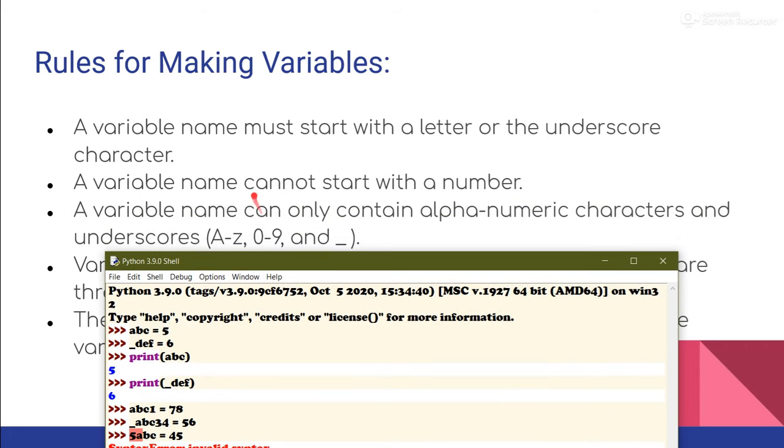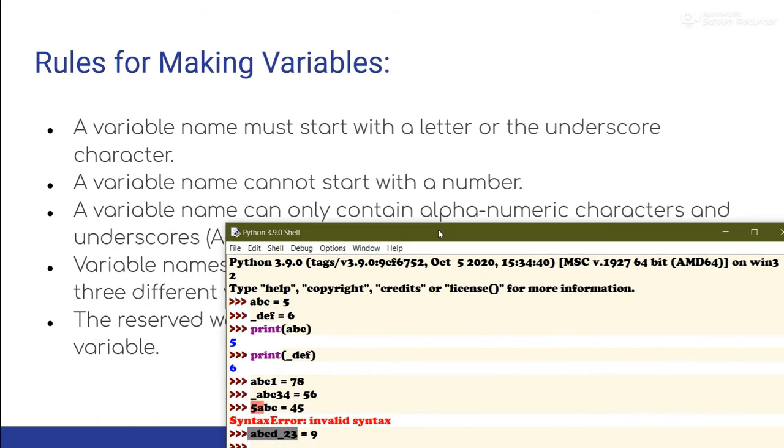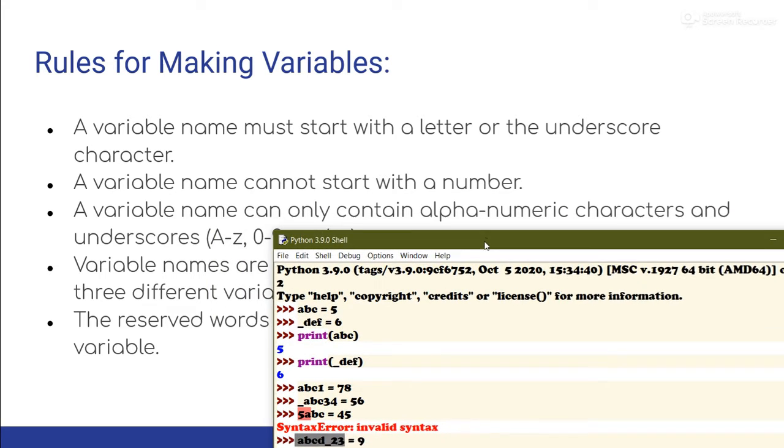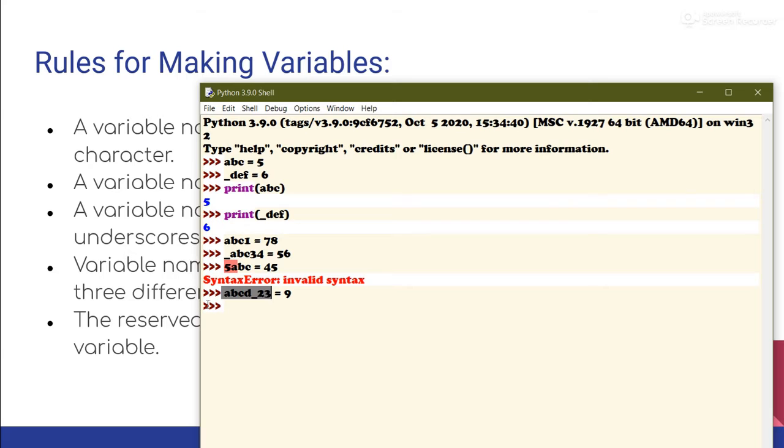And the third rule, let's see, a variable name can only contain alphanumeric characters and underscores. It is A to Z, 0 to 9 and underscore. So let's see, we have A to Z, yes, underscore, yes, and 0 to 9, yes. So this is also a very valid variable name.